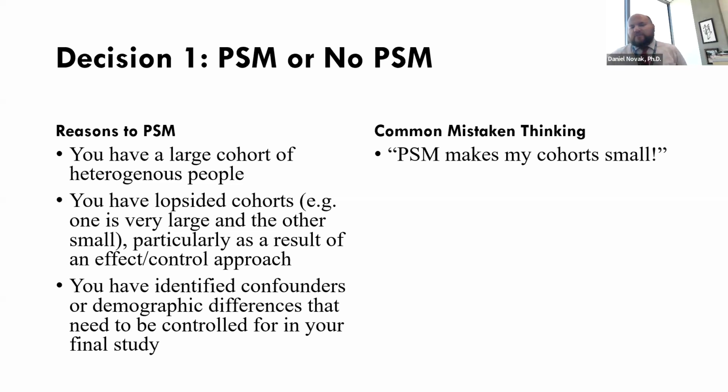So firstly, some people will say to me things like, propensity score matching makes my cohorts too small. Having a large cohort of random unconnected people is not a good way to get to a scientific study.